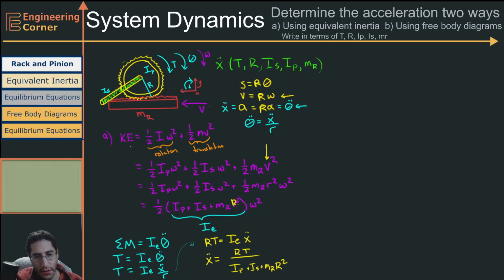And this R should also be a capital R. So this is the expression that we have for acceleration using equivalent inertia methods.